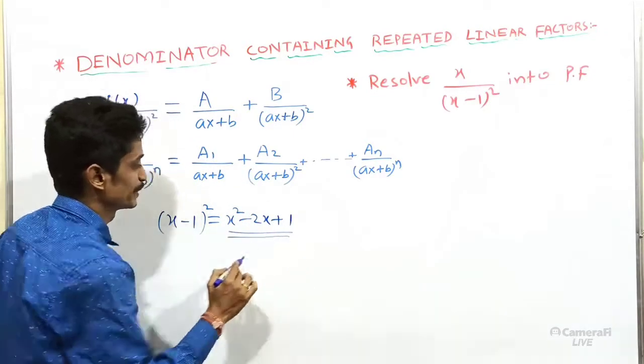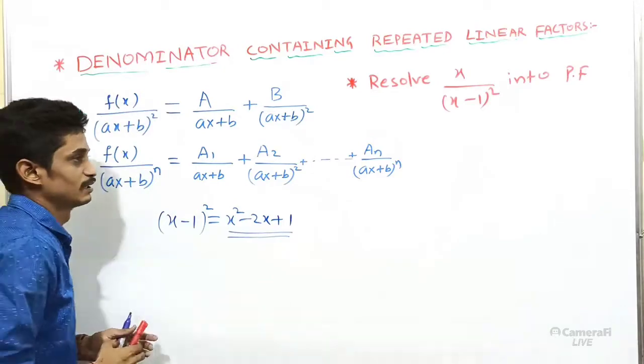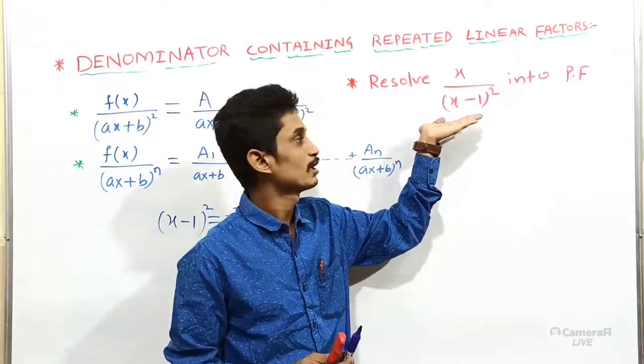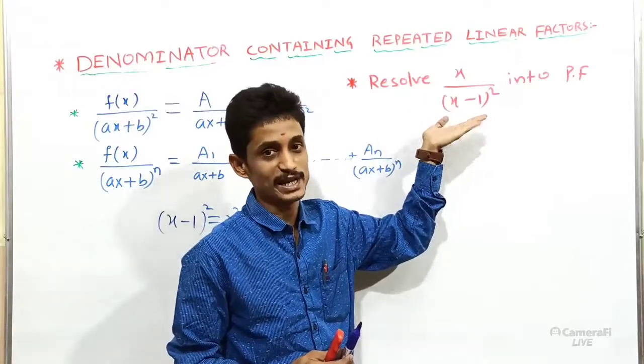This is considered to be a quadratic polynomial. So that quadratic polynomial we have in the form of repeated linear factors.